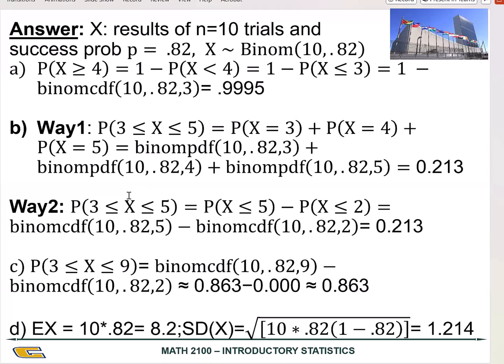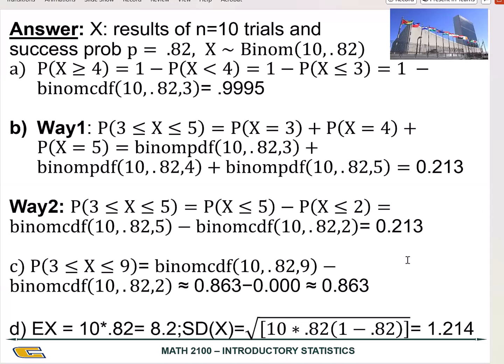Imagine the case where you survey 1,000 people and you want to find the probability that the number of people who remain here is from 300 to 900, something like that. For sure, if you follow way number 1, it will hurt you. But if you follow way number 2, this is nothing else than probability of X less than or equal to 9, subtract probability of X less than or equal to 2. Just the same thing, right?